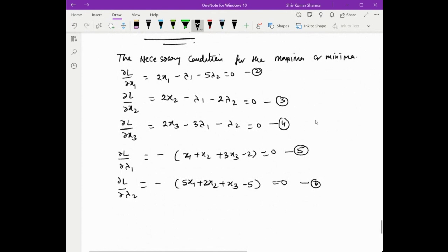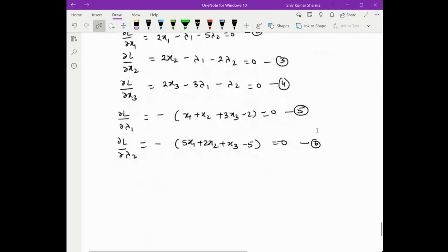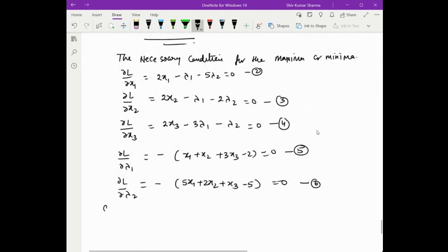So from equations 2, 3, 4, 5 and 6, we get the values.